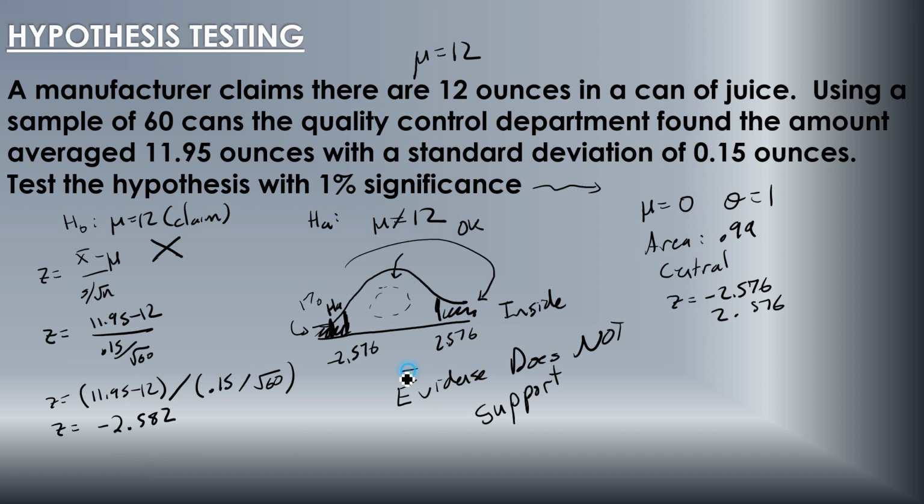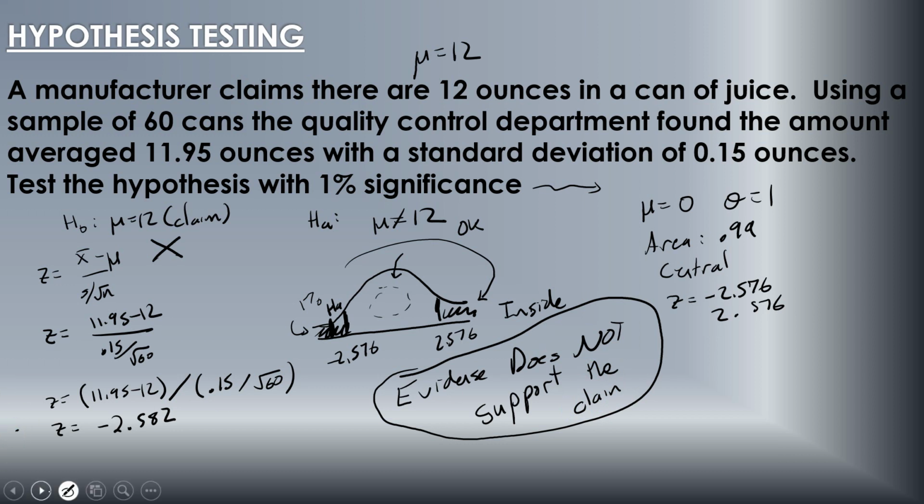So we always are interested in whether we're supporting or not supporting the claim. So we're going to say that the evidence does not support the claim. Okay, let's go on.